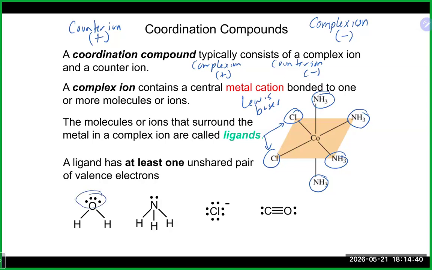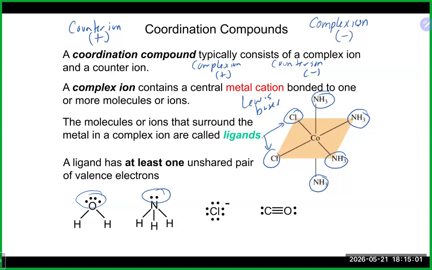Water is a great Lewis base because it's polar and it has non-bonding electrons. Things that make good ligands are typically things that have electrons they can donate, so being polar with non-bonding electrons on an electronegative element is pretty good.